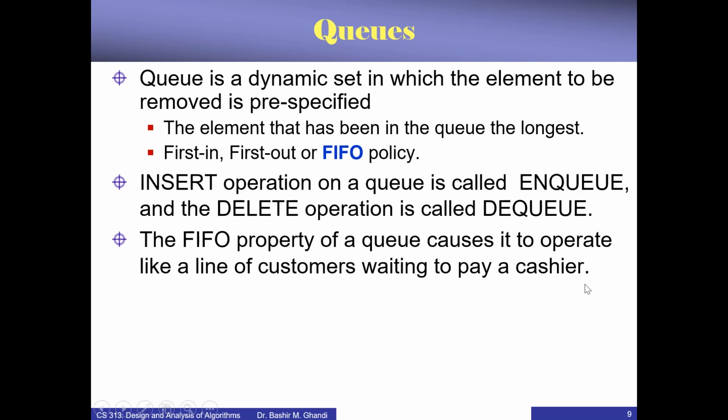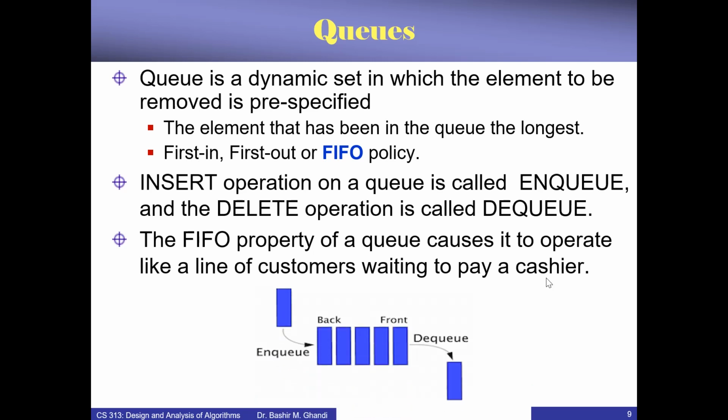The first person in front will be the first one to be processed and removed from the queue, and then the next one and the next one, as shown by this diagram. The front element is the one that we always remove, and a new element coming will be put at the back of the queue.